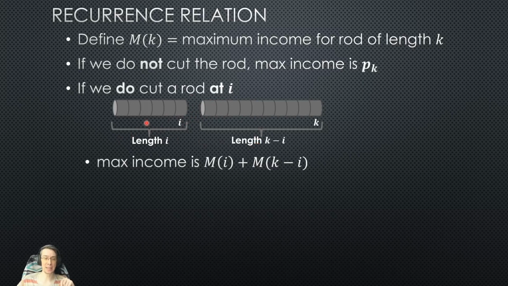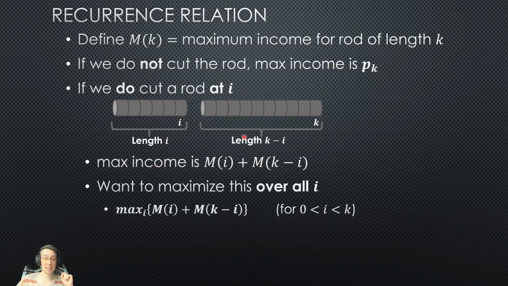Now the maximum income that we can get in this scenario where we do cut the rod is the maximum income we can get for this rod of length i plus the maximum income we can get for this rod of length k minus i. Okay, so if we don't cut the rod, the maximum income we can get is pk. If we do cut the rod at index i, it's m of i plus m of k minus i.